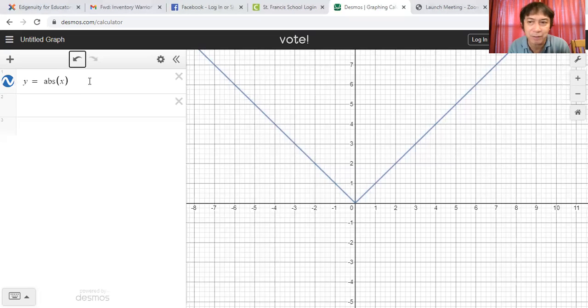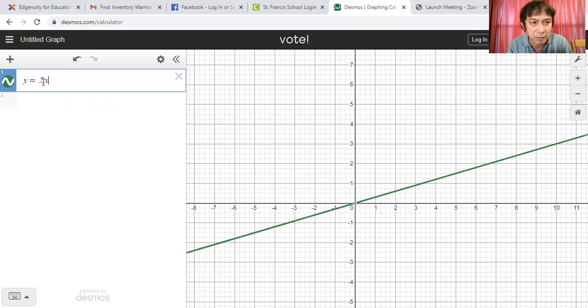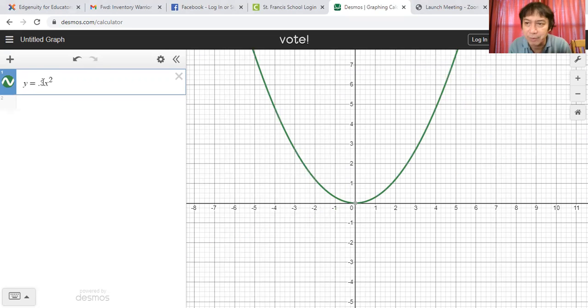All right, so I'll give you another example. Let's erase this first. Let's consider a parabola, y equals 0.3x squared. Now this is a parabola, right? A quadratic function, and clearly you can see the set of points in the first quadrant has an equivalent set of points in the second.